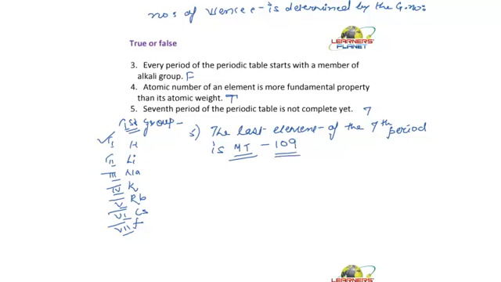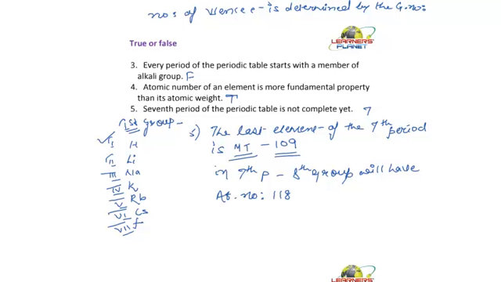And the element which will be discovered later in the seventh period, eighth group will have atomic number 118. Okay, so the statement is true.